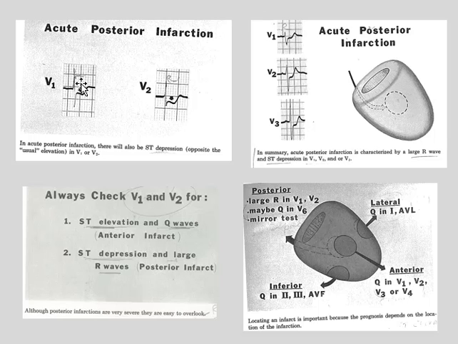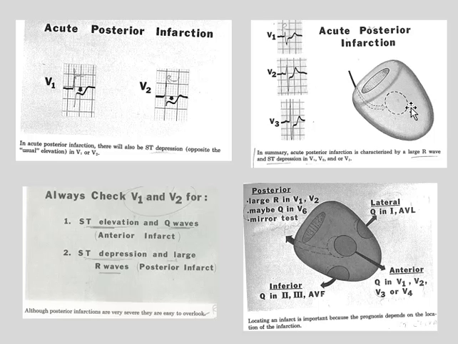So ST elevation in V1 and V2 would indicate anterior infarction. ST depression with prominent R waves in V1 and V2 indicate the opposite aspect of the heart, posterior infarction.